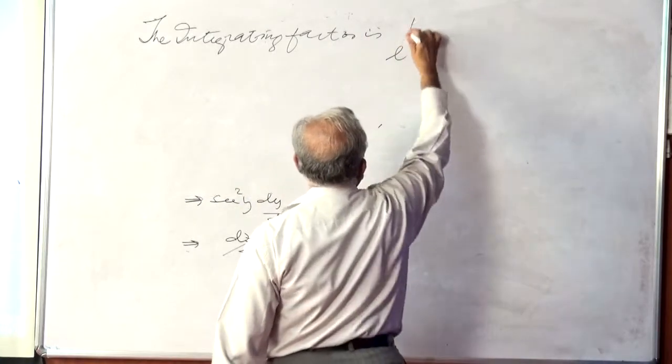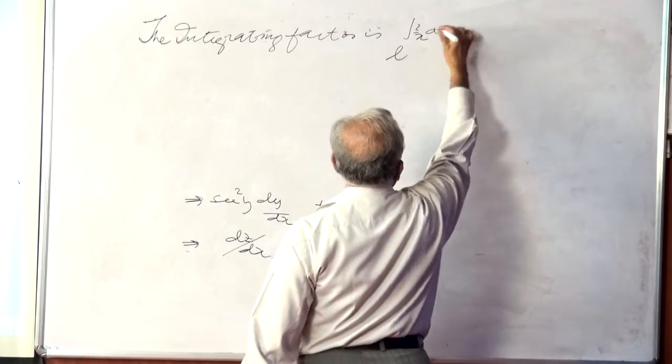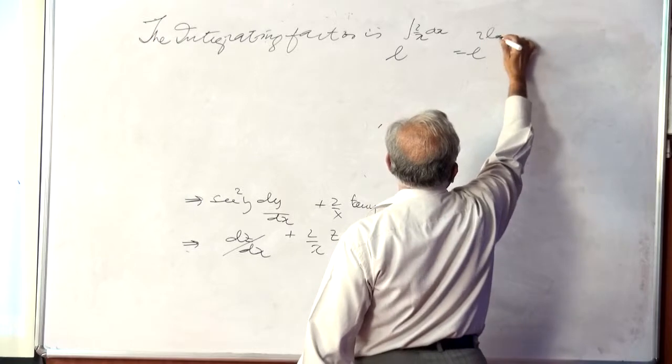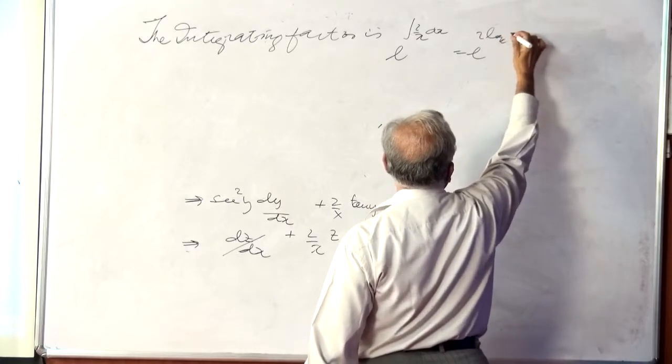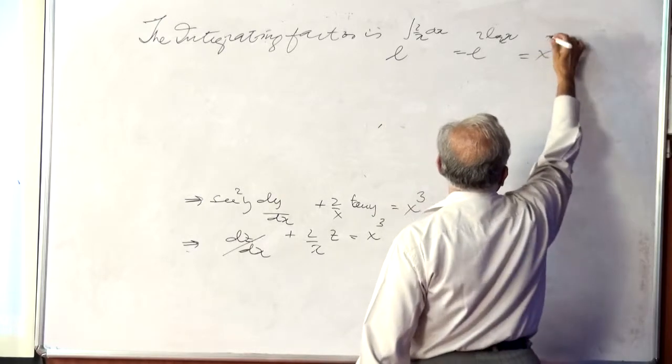E to the power of integral 2 by x dx, that is e to the power of 2 log base e x, and that is nothing but x to the power of 2.